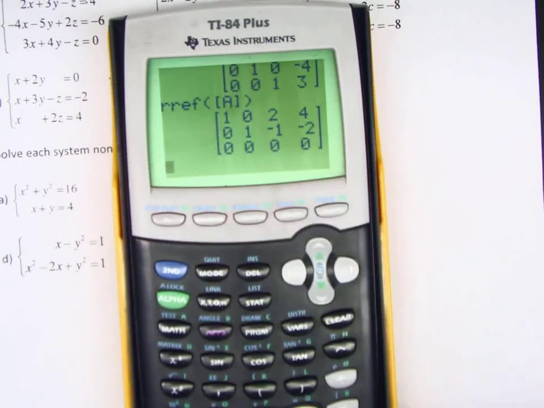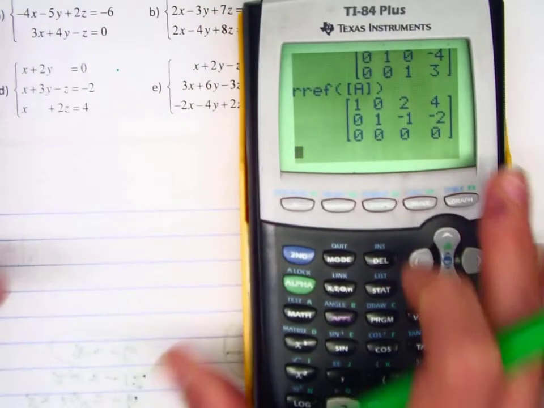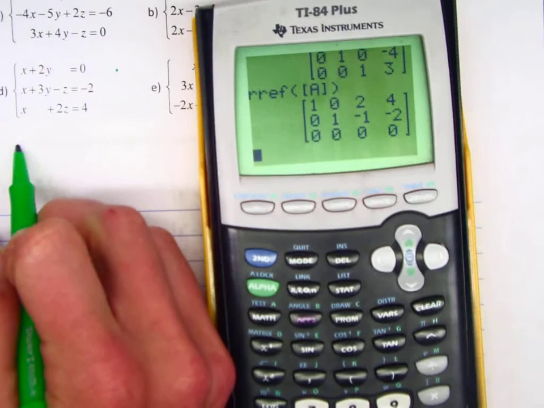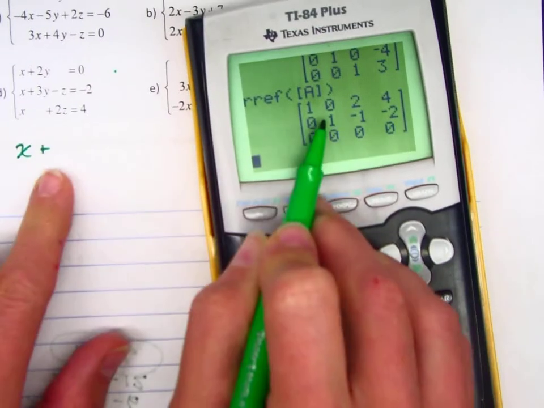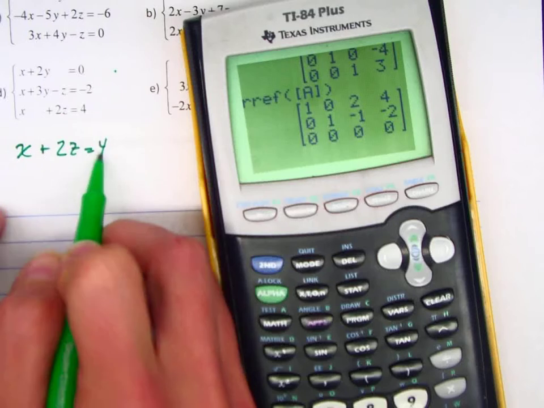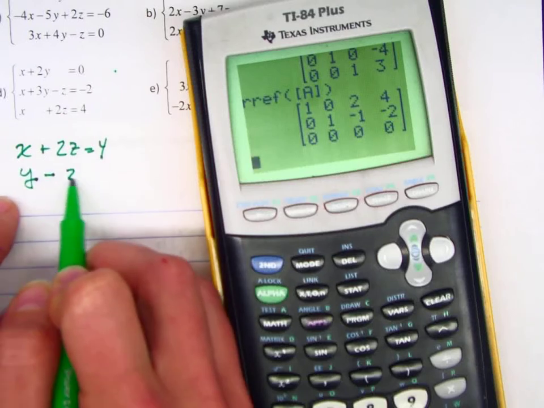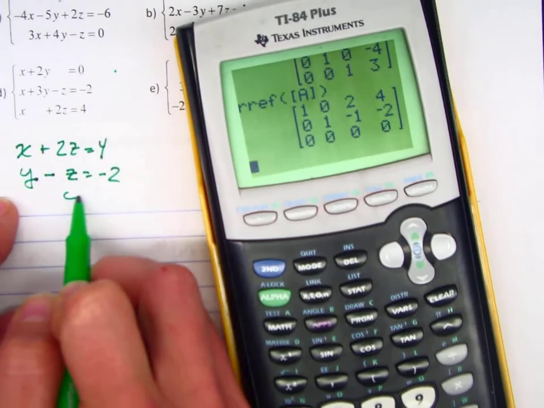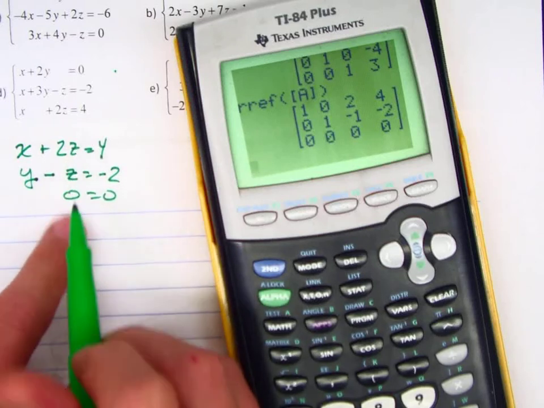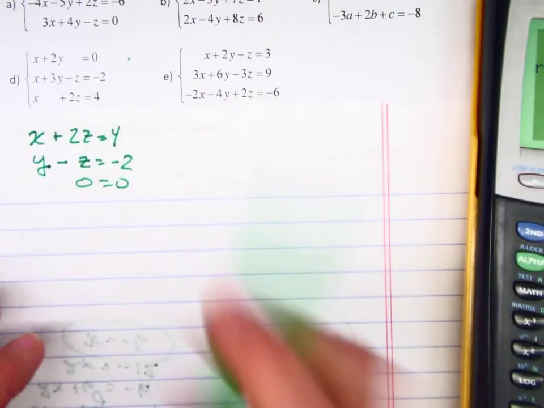So the way we're going to write this one out is we have to look at the equations we have. So from the first one, I have x plus 0y plus 2z equals 4. And from this one, I have y minus z equals negative 2, and then we have 0 equals 0. So both of these have z in them, but I don't know what z is equal to, so I'm going to let z be all real numbers.